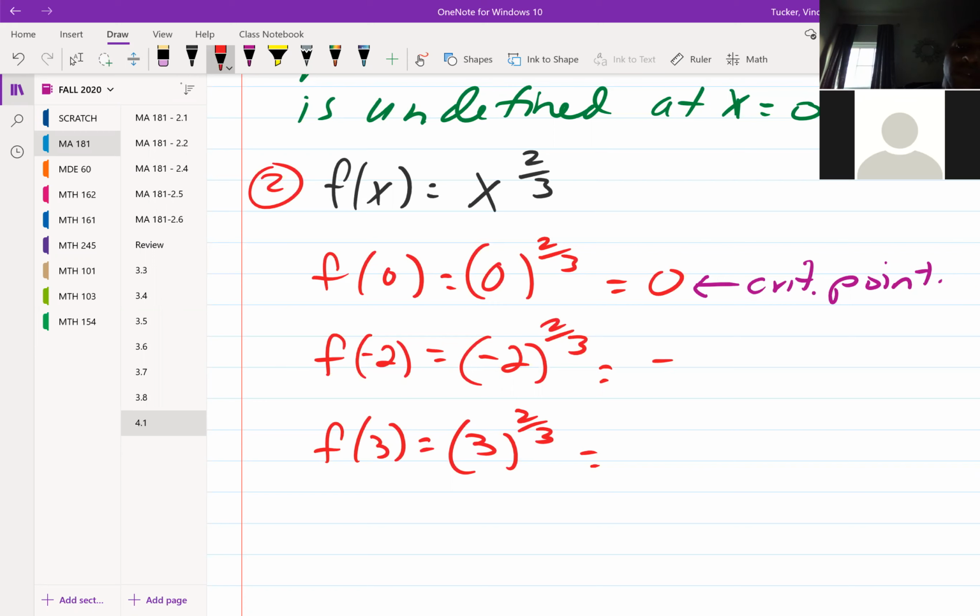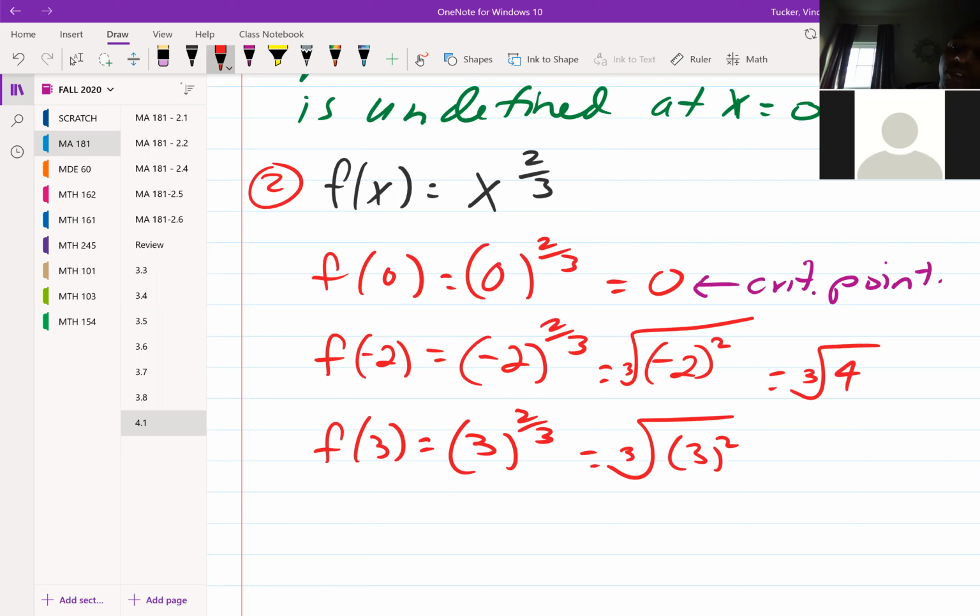So we're talking about the cube root of -2 squared, then the cube root of 3 squared. So we're looking at the cube root of 4, cube root of 9. These are your endpoints.